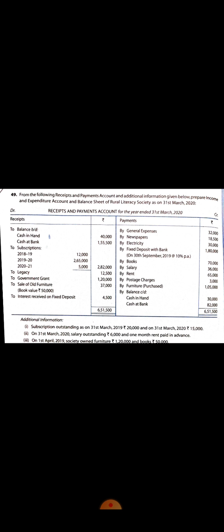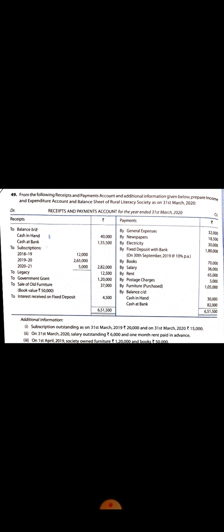Rent paid includes an advance rent of rupees 5,000. Rent paid is rupees 65,000, that is for 13 months. 65,000 divided by 13 is 5,000. 5,000 is the advance rent.